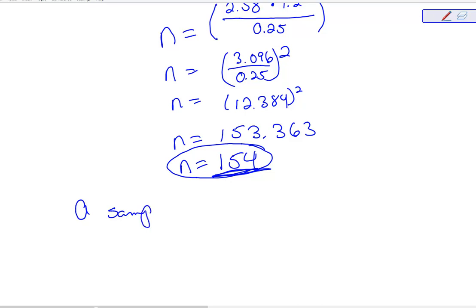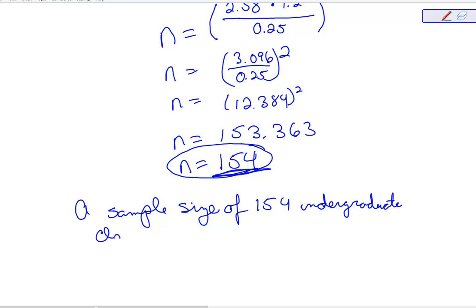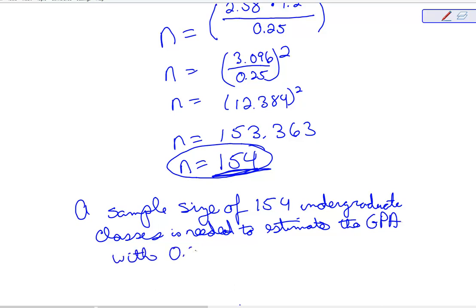So a sample size of 154 undergraduate classes is needed to estimate the GPA within 0.25 at the 99% confidence level.